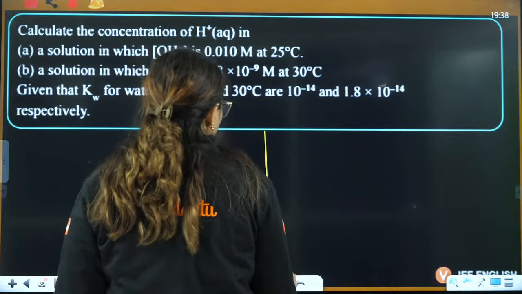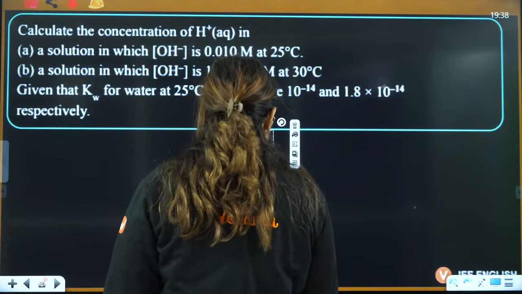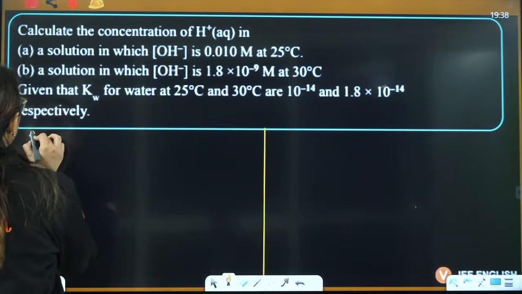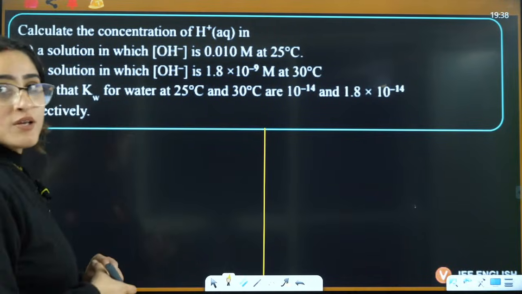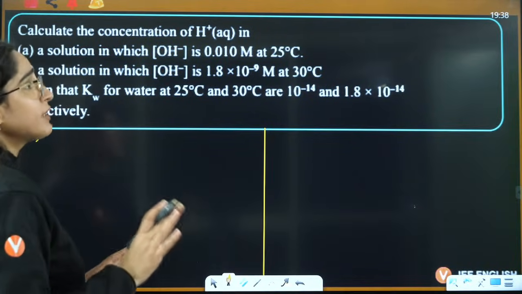So first we will solve for A part, then for B part. What is this A part? It says the concentration of H positive in a solution in which OH negative is this, at 25 degrees Celsius.